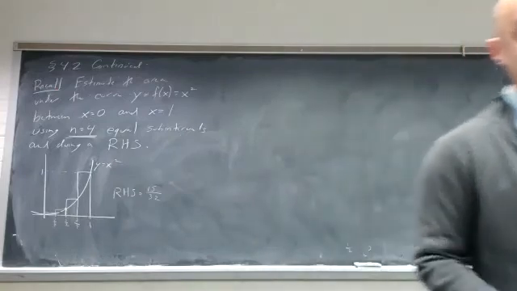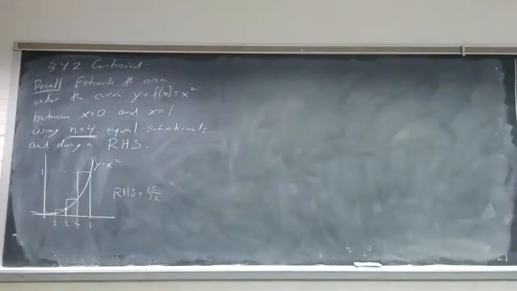And I asked you near the end of the class, what happens if we break this up into more parts? Instead of 4 parts, what happens if we break it up into 10 parts or 50 parts or 100 parts? And you correctly answered that the more parts we break it up into, the more accurate our estimate of the area under the curve is.